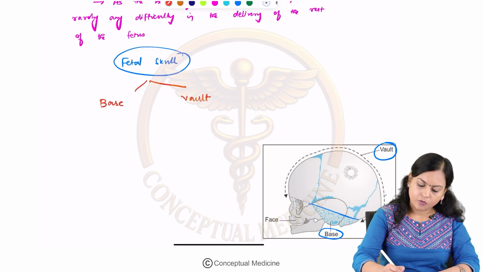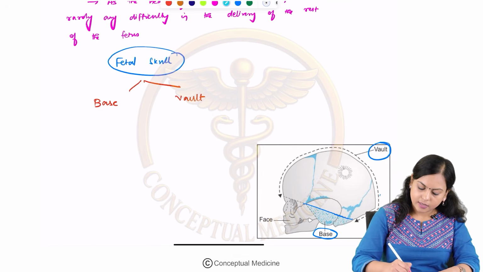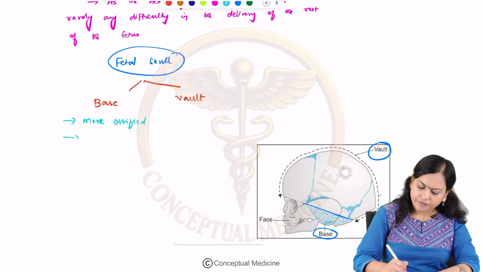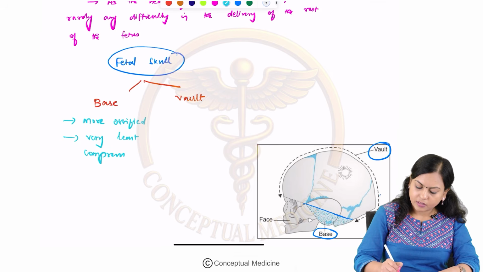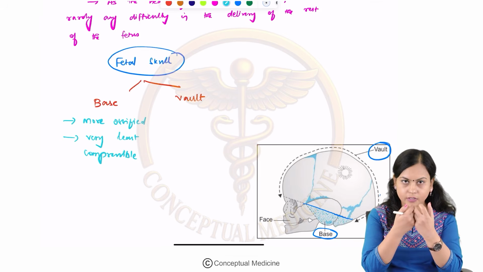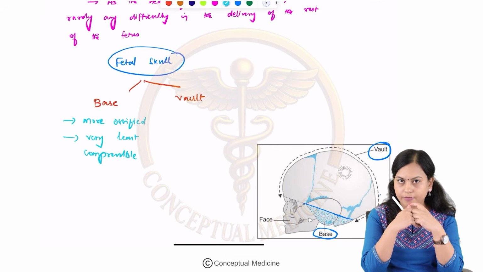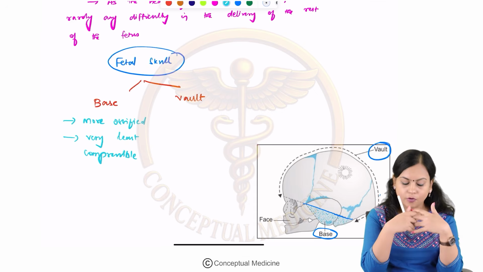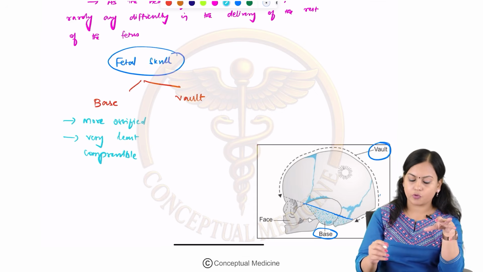Okay. Now, the base, if you take, is a more ossified part, the least compressible part. The whole of the bones of the fetal skull are not ossified, but compared to the vault, this base is more ossified.